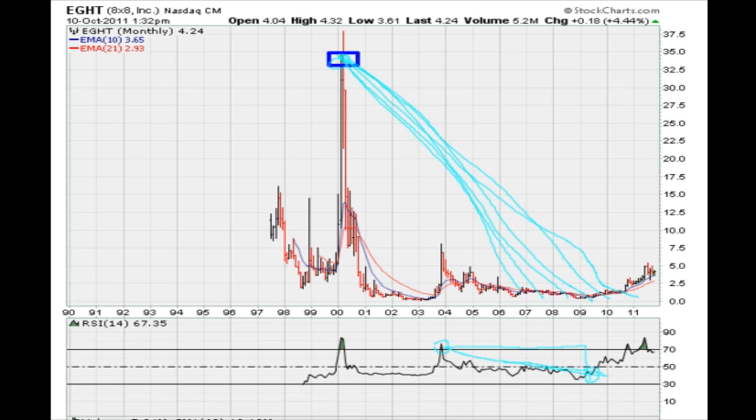We changed the color here so it doesn't confuse you. You could take this high and draw a straight line. So this breakout here corresponds to this stock trading here. Might not seem like a big move until I change the chart, because this is almost an all-time data chart.